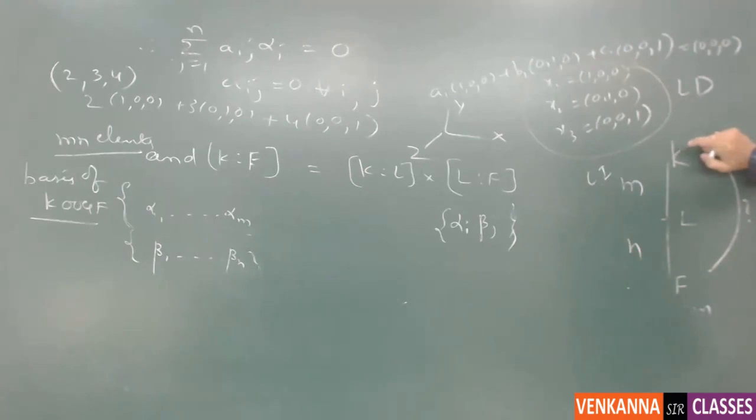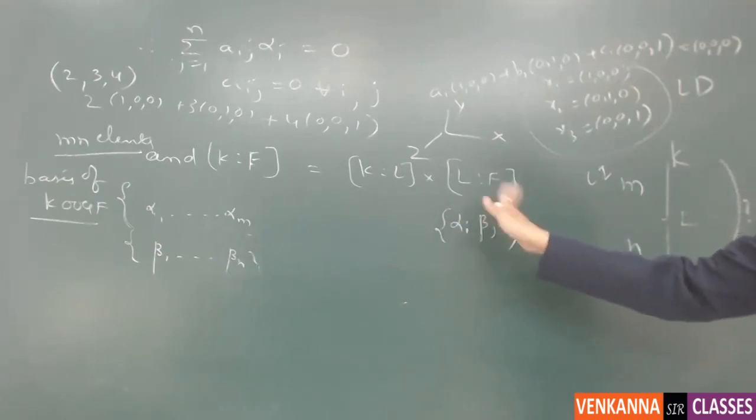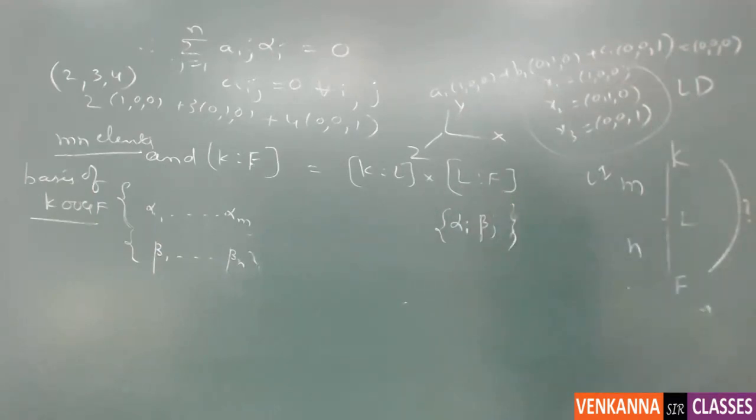If you take any value in K, it should be written as a linear combination of alpha i into beta j. That we are going to prove.